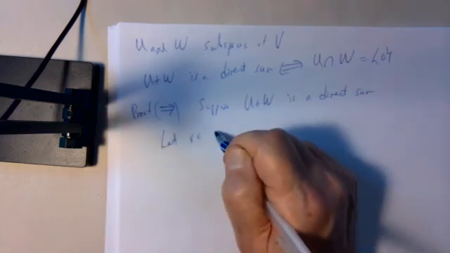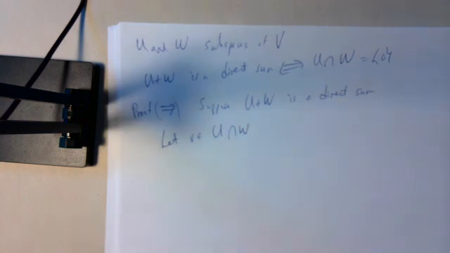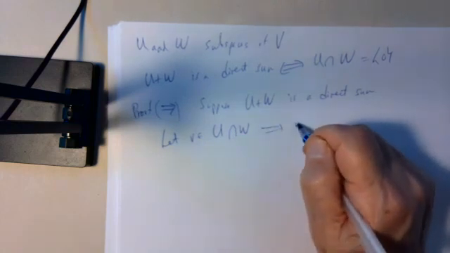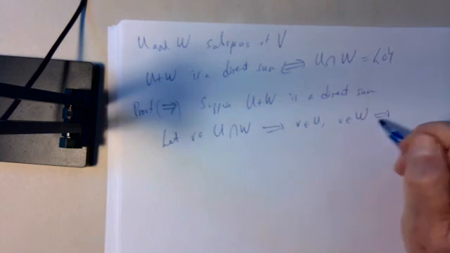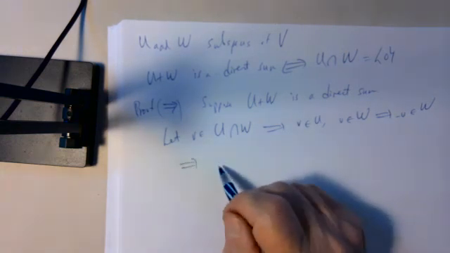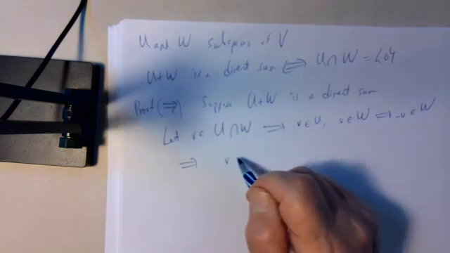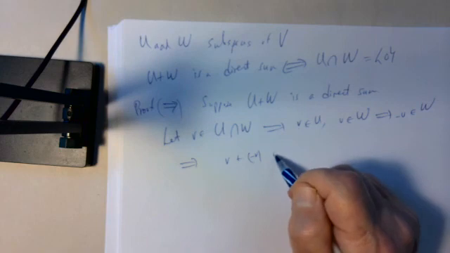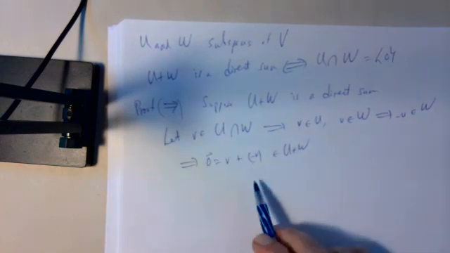Let v be in U intersect W. So this means v is in U and v is in W, and therefore minus v is in W. So v plus minus v is in U plus W, and this is the 0 vector.